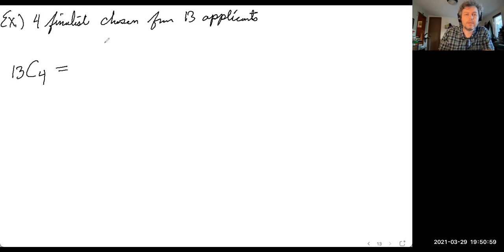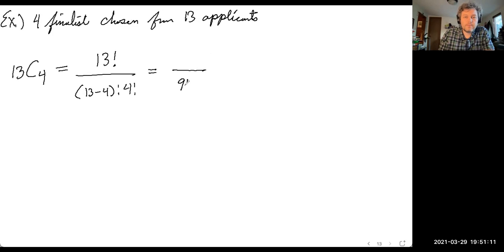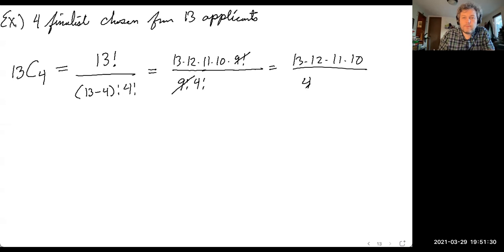I claim this is a combination problem. 13 factorial over 13 minus 4 factorial, 4 factorial. 13 minus 4 is 9, 4 factorial. So we have 13, 12, 11, 10, 9 factorial. I can cancel the 9 factorial. 13, 12, 11, 10 over 4, 3, 2, 1.